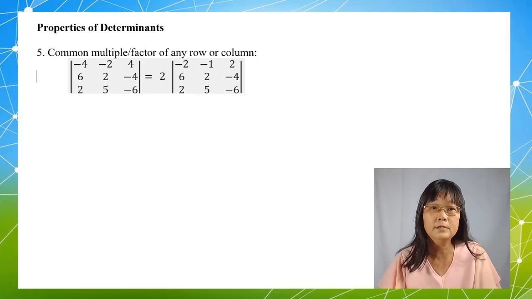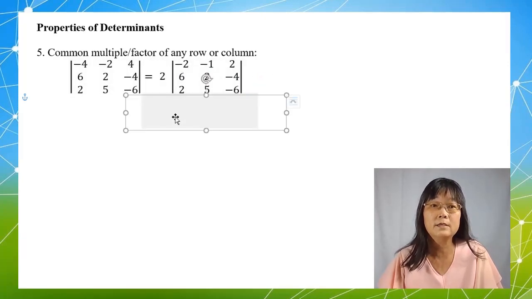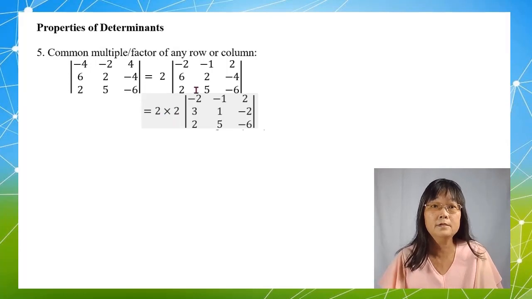Now the elements in the first row become negative 2, negative 1, and 2. Then after that, we notice that all the elements in the second row are also multiples of 2. So once again, we can factorize the 2 out from row 2. So now row 2 becomes 3, 1, and negative 2.